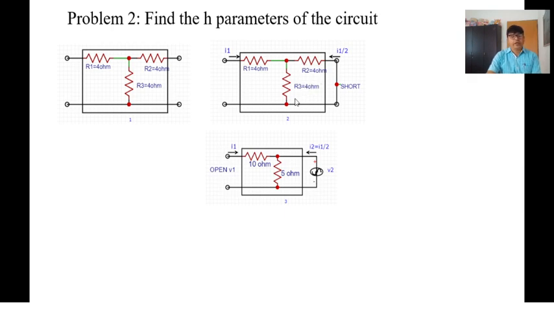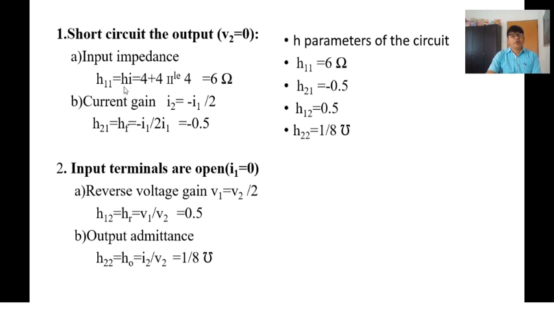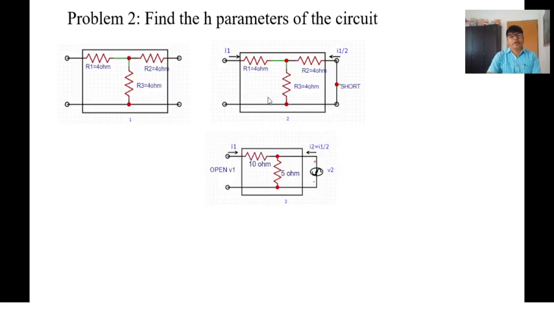Then in order to calculate H11, all resistances must be R1 plus R2 parallel to R3. This becomes the input impedance, and that is equal to 6 ohm. Now the current gain. I1 is divided into two parts here.